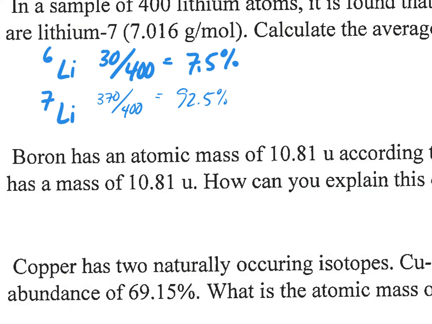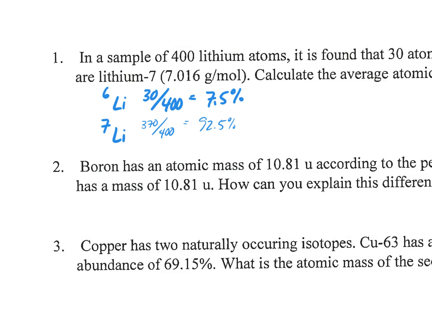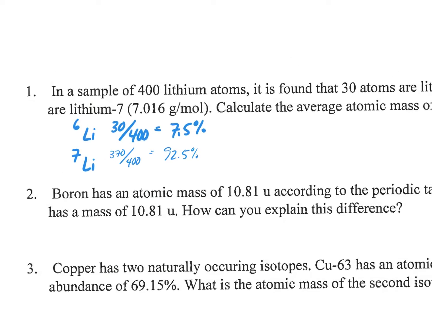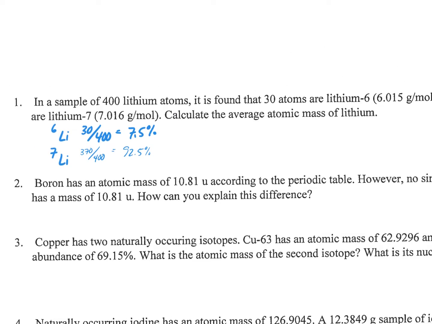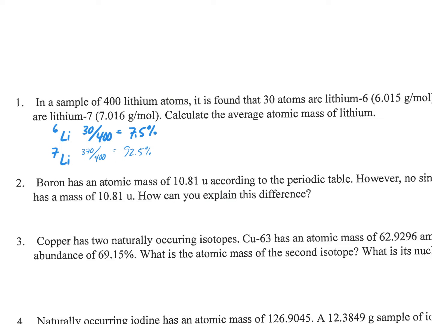And now we can calculate the atomic mass for lithium. Now, here's another fold to this. You're probably noticing that we're given numbers in grams per mole. You have no idea what grams per mole is yet, and you shouldn't, and you don't have to.